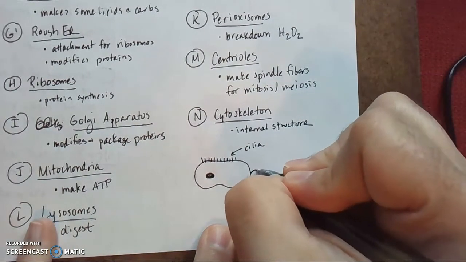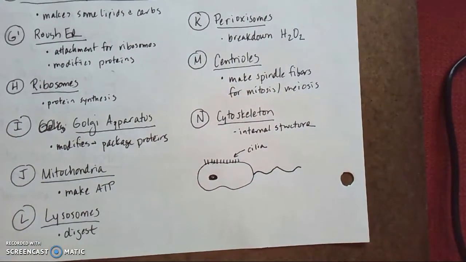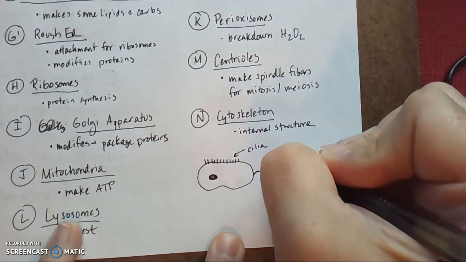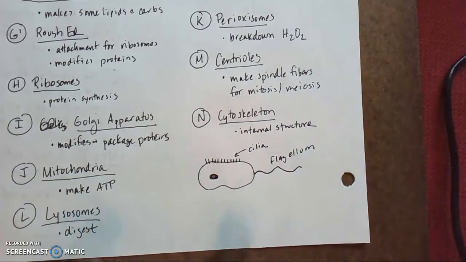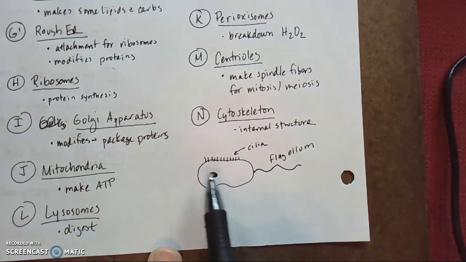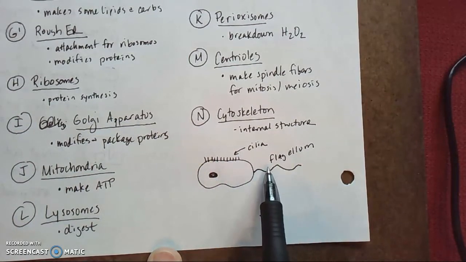But we can also have a very long structure called a flagellum. Flagella is plural. Sperm cells have a very large flagellum that helps propel them. So it's like having a tail that they wag back and forth very quickly, and it causes them to be propelled forward. So either little hairs all beating in the same direction, or one large tail.